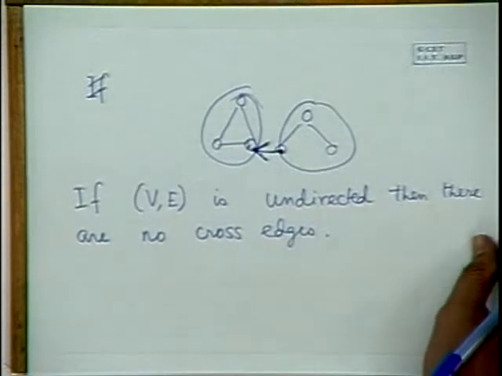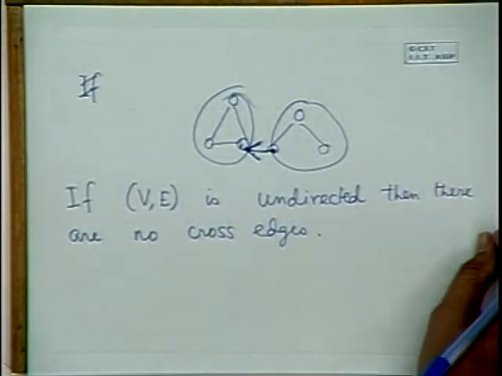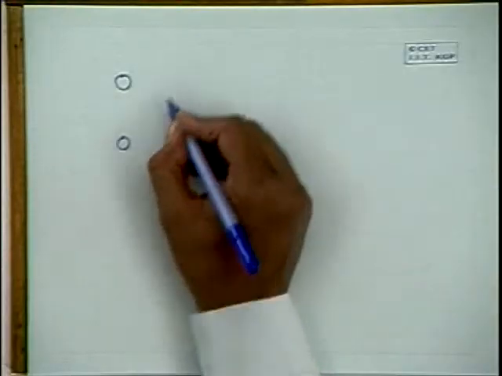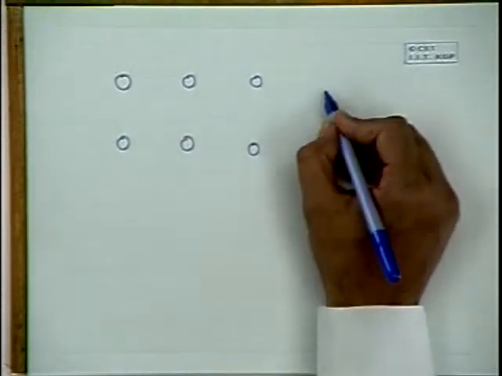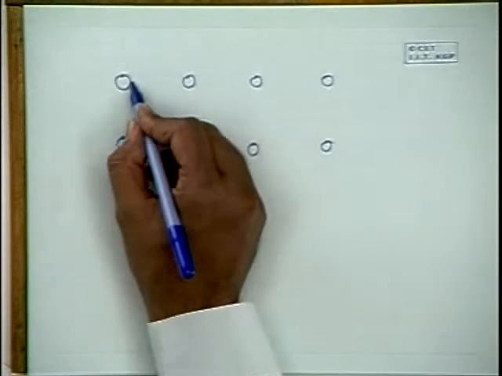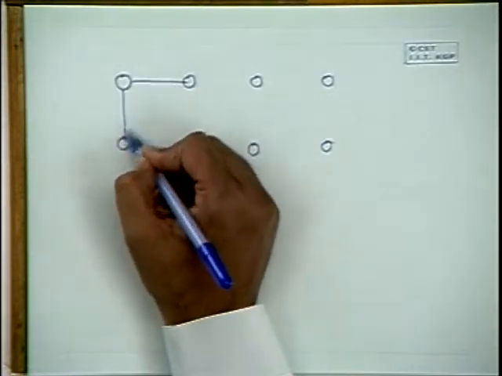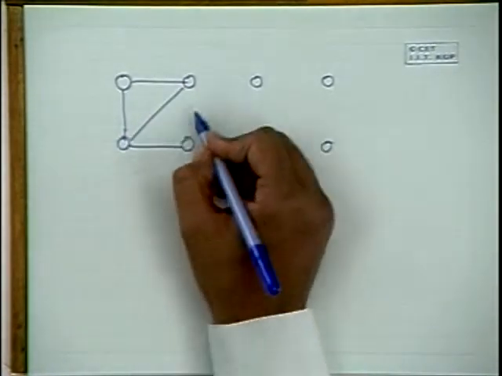So let us see. I just want to take an example and show you why it cannot have. Okay. So let's take the similar example we had previously. So this time there is no direction, only edges.